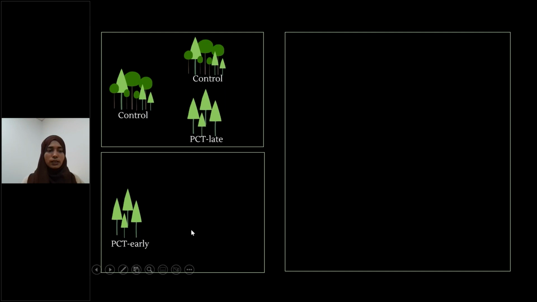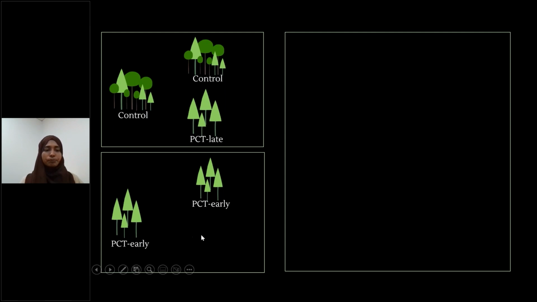We named it PCT early because when the pre-commercial thinning was done, Norway spruce was 1 to 2 meters in height. And half of it remained as PCT early. You can imagine that after 3 growing seasons, there will be lots of stem sprouts from these broadleaf stems, right?